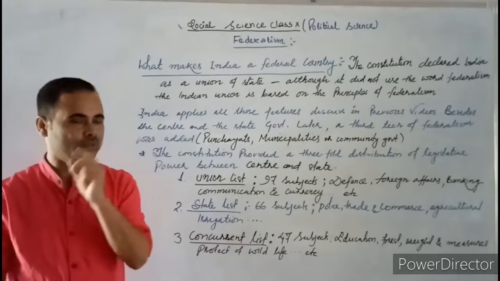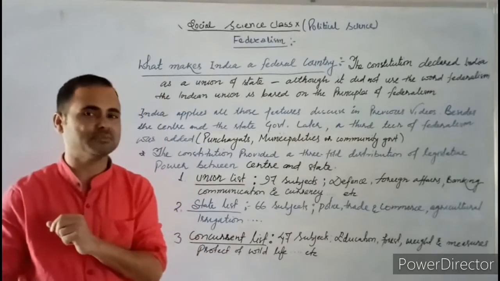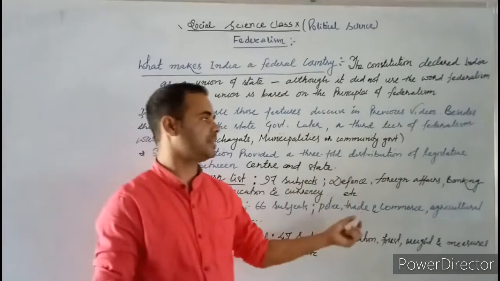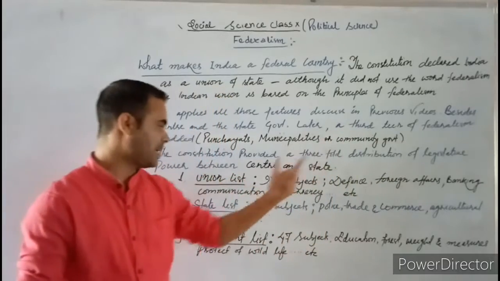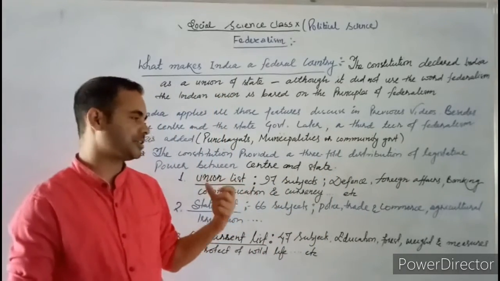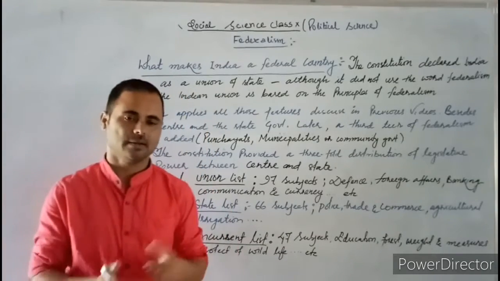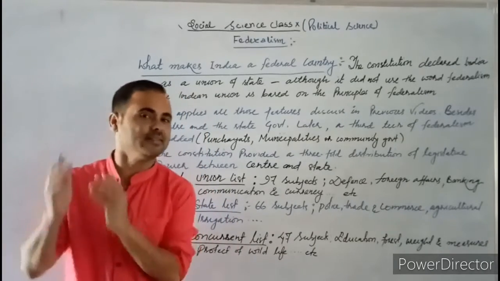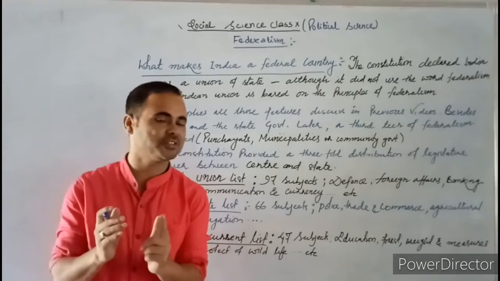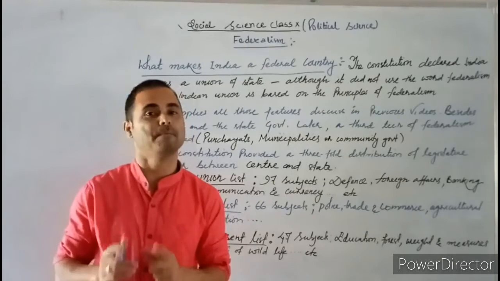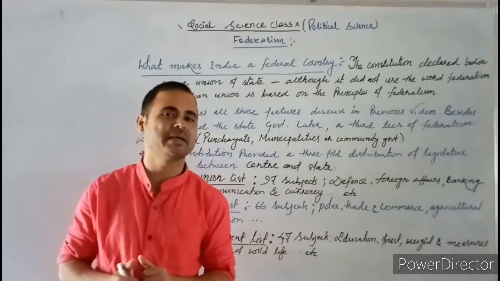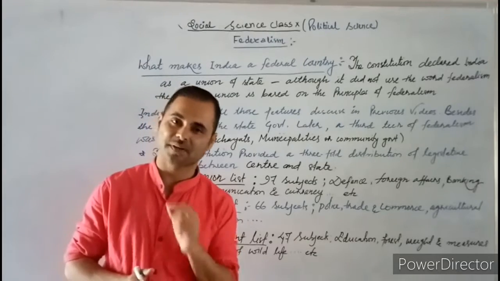Which areas come in these 97 subjects? Like defense, foreign affairs, banking, communications, currency, etc. In these affairs, the central government makes laws. This is what makes India a federal country.